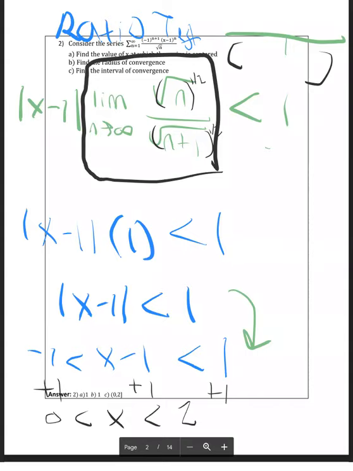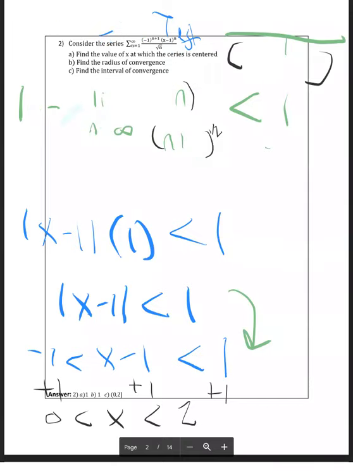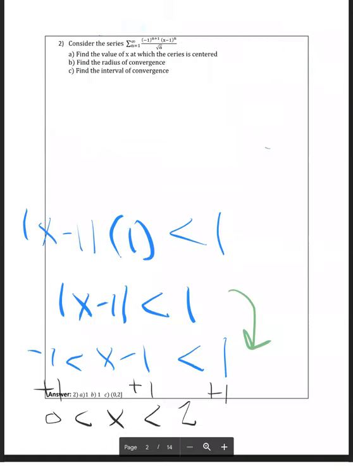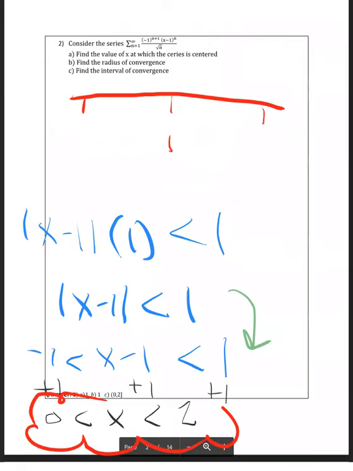So at this point, let me erase everything on the top. Let's go back to the beginning of the problem. Remember, I drew a number line that looked like this. We said the center was 1, and now we figured out our endpoints. It's gonna be somewhere in between this little area. So we know that one endpoint is 0, the other endpoint is 2.